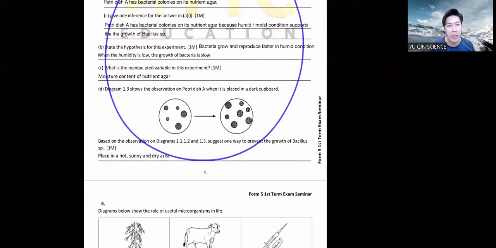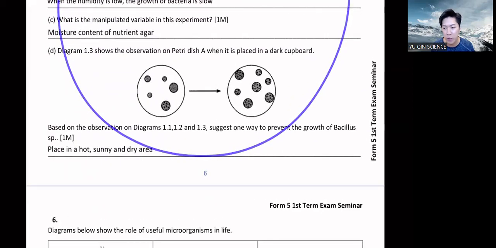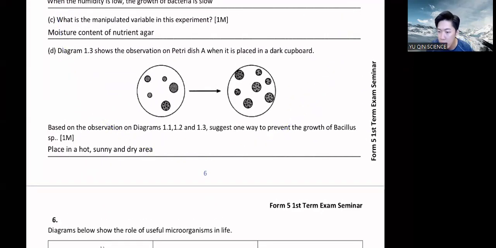Instead of giving another factor like, oh, we heat up to 40 degrees Celsius, or we eliminate the source of nutrients, I think better not, because the question says based on above. You understand? For Leora and Hashini. So based on above, we better follow the factor. Above is about moisture, above is about light intensity. The other factor better not lah.